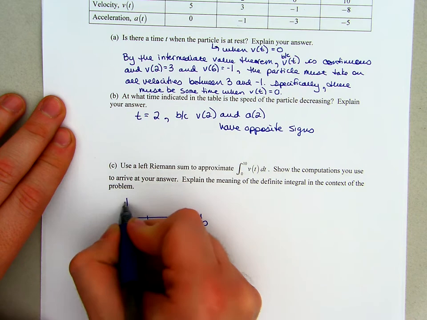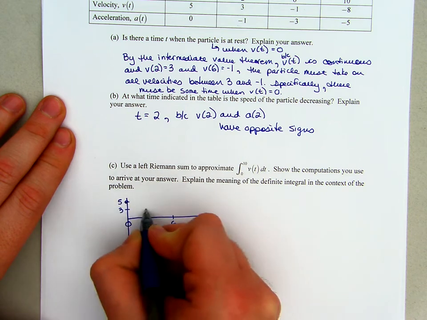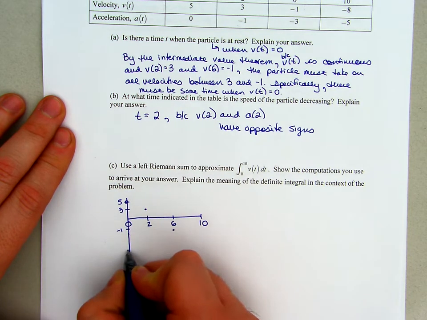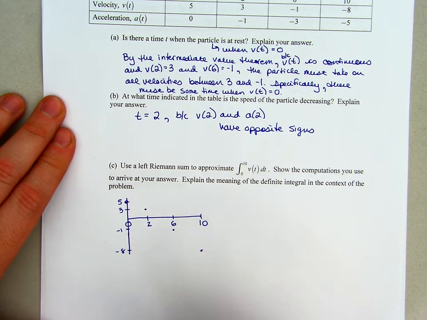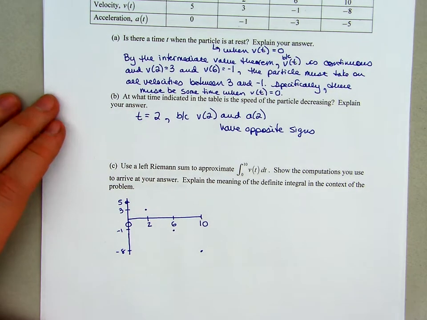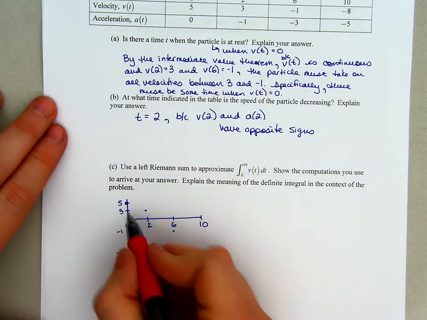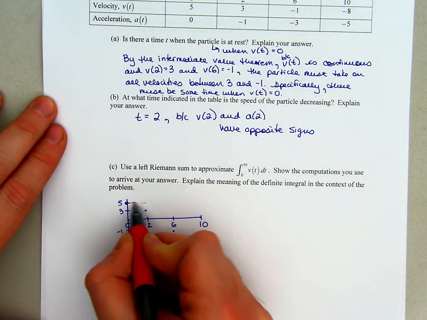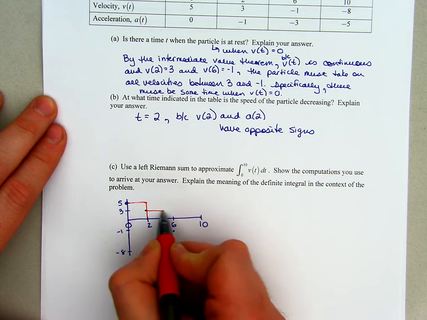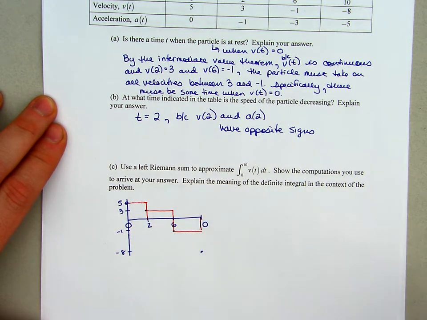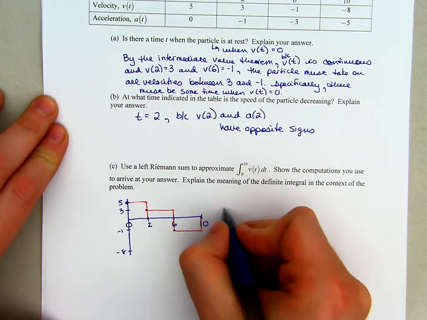I'm dealing with velocities here, so 5, a velocity of 3, a velocity of -1, and a velocity of -8. And I'm using a left endpoint Riemann sum. So I'm going to have rectangles like this, and then that, and then that. That's perfectly fine that you have a rectangle below the x-axis.